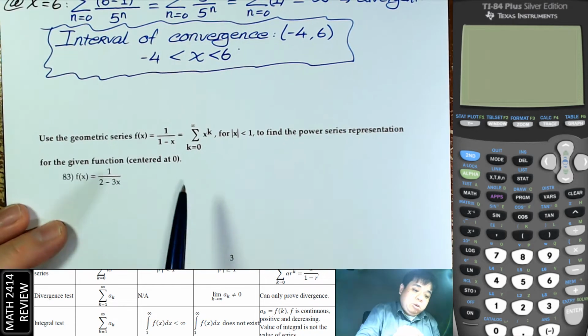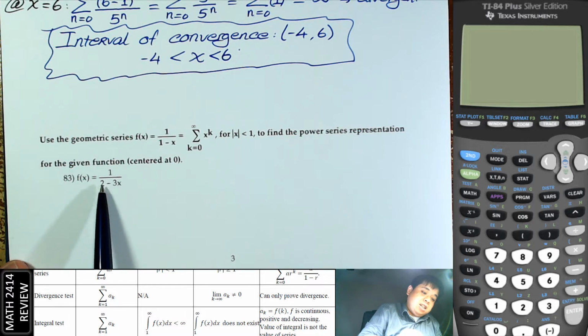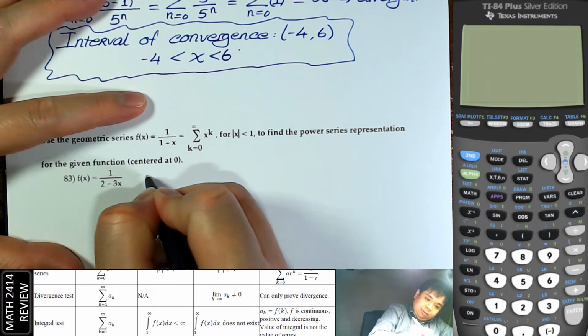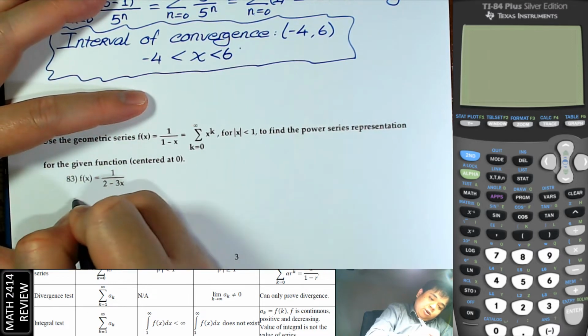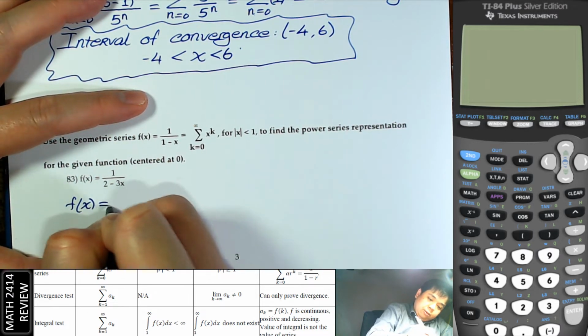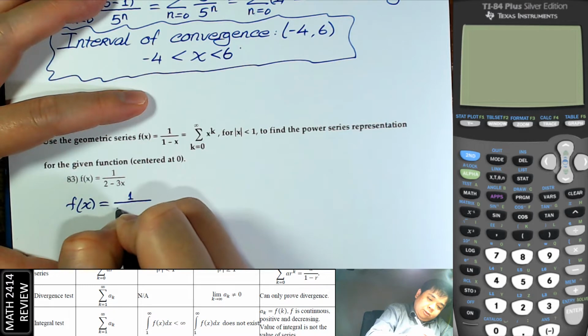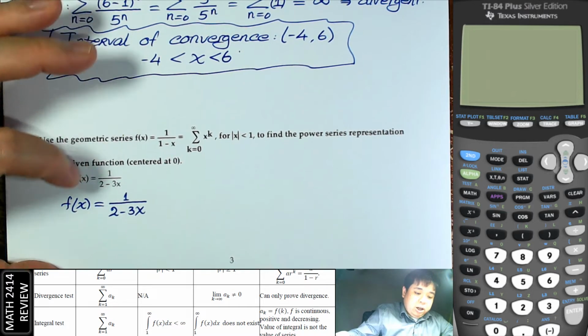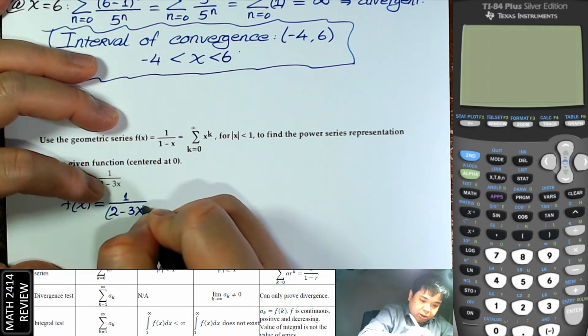So the first thing we do is take care of that. This has to be 1 here. So what I do is I have to divide by 2, top and bottom.